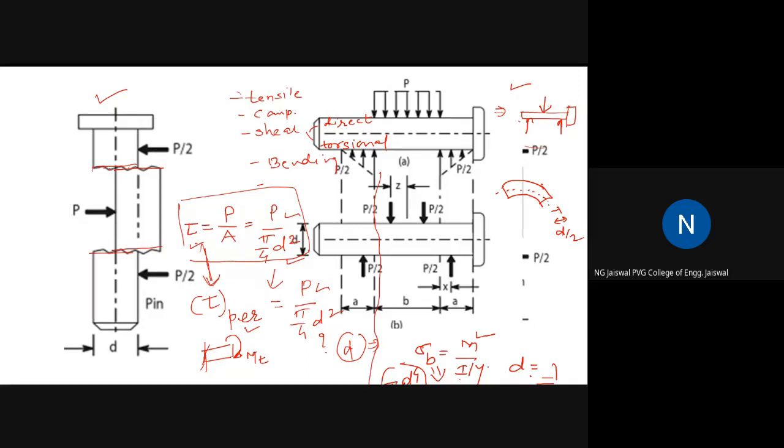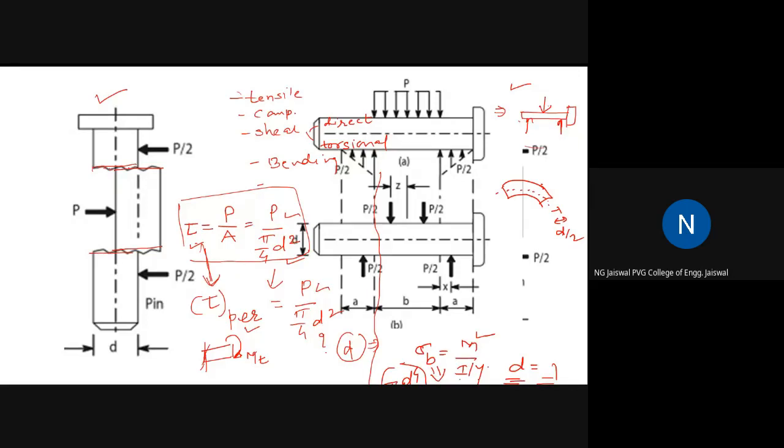It means you have anticipated the failure of the pin under bending, and in order to avoid that failure, you found a suitable diameter, so that if this diameter is used, it will not fail, because the amount of stress will be equal to the permissible stress. So you are designing under bending.